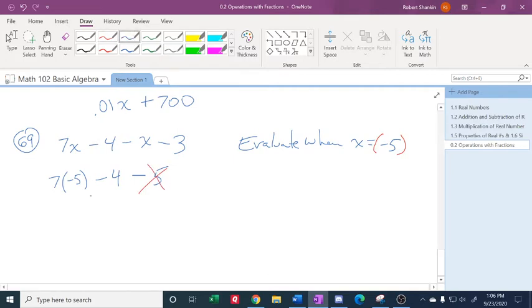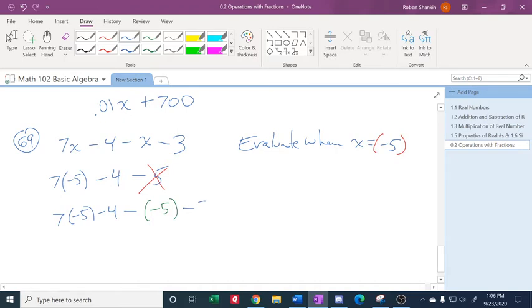But it's a really common thing that students do. This minus is this. I'm going to put this in green to emphasize. That minus sign is that minus sign. The x is negative 5, and it really helps to have it in parentheses.